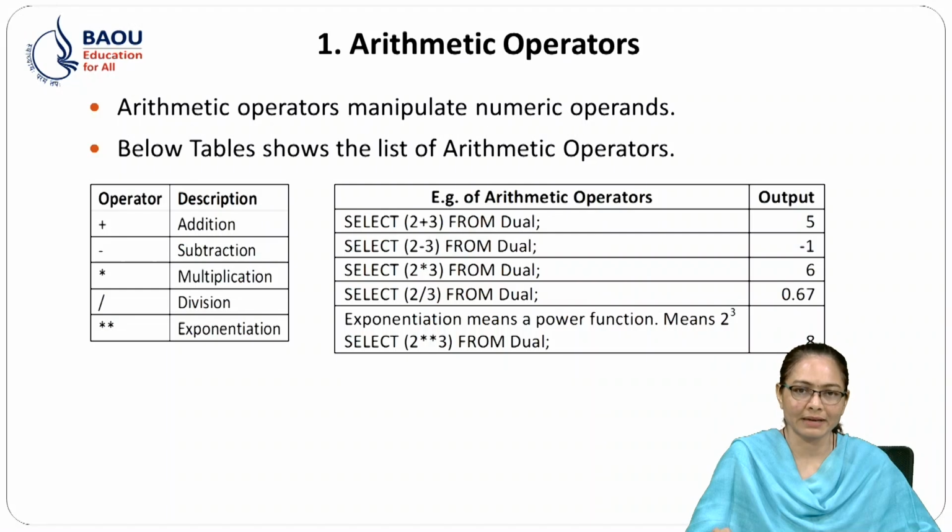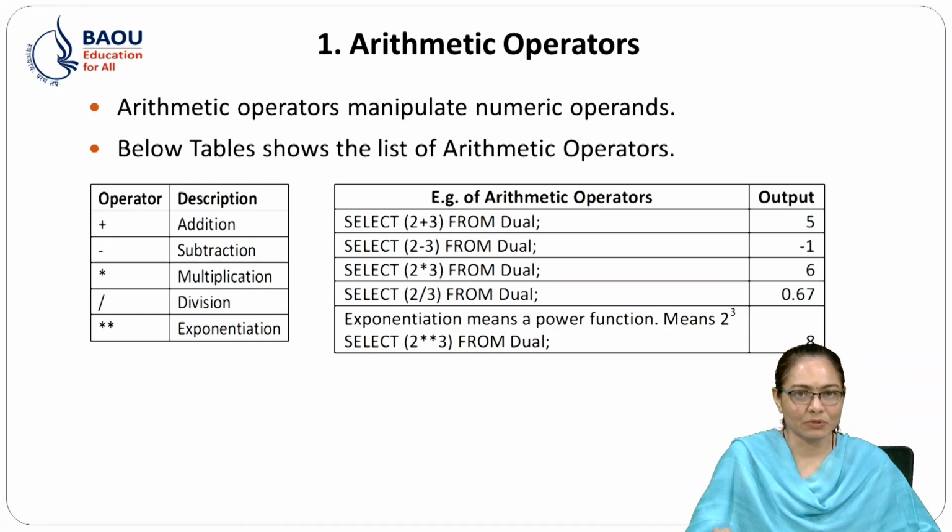The output is -1. Then select (2 * 3) from dual. The output of this query is 6. Then select (2 / 3) from dual. The output of this query is 0.67.